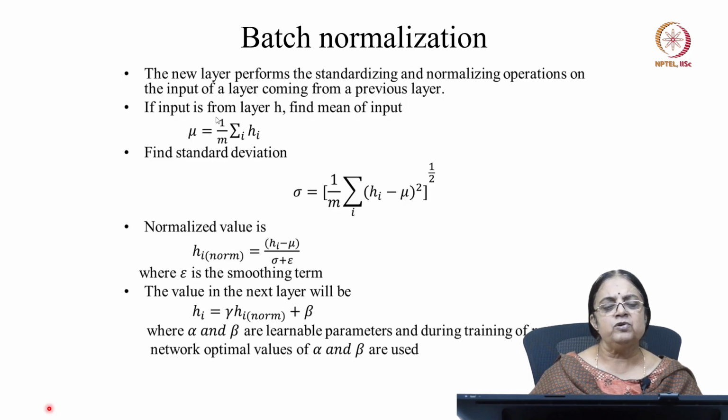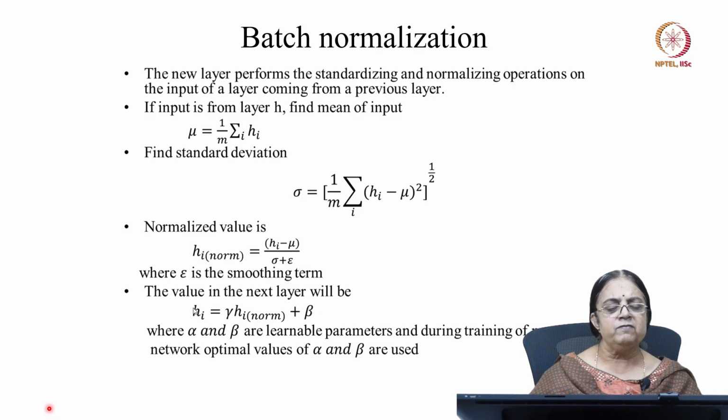Generally, what do you do? If the input is from layer H, you find the mean of all that input. Suppose the input you have is Hi. You find the mean mu and the standard deviation sigma of that, and then you can find the normalized value Hi normalized, which will be Hi minus mu divided by sigma plus epsilon, where sigma is the standard deviation and epsilon is a smoothing factor.